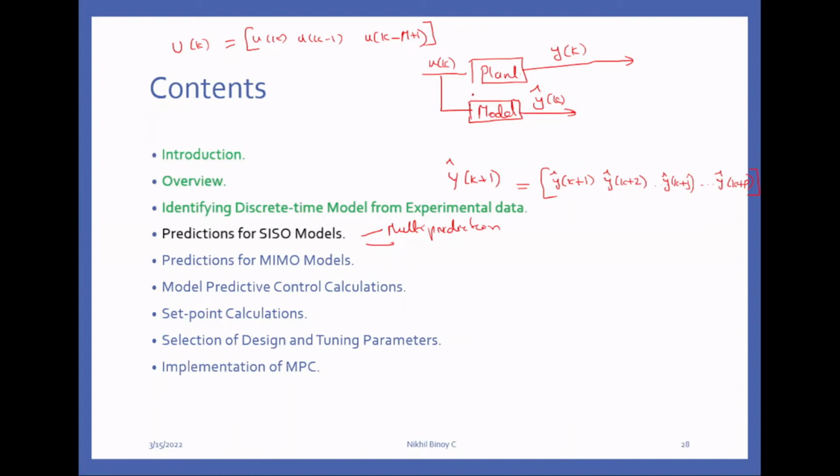If the disturbances are measurable, we can consider them as an input. But there are some disturbances that are not measurable. So definitely the model is not affected by that unknown disturbance, but the plant is affected by the unknown disturbance. So definitely y of k is not equal to y cap of k.